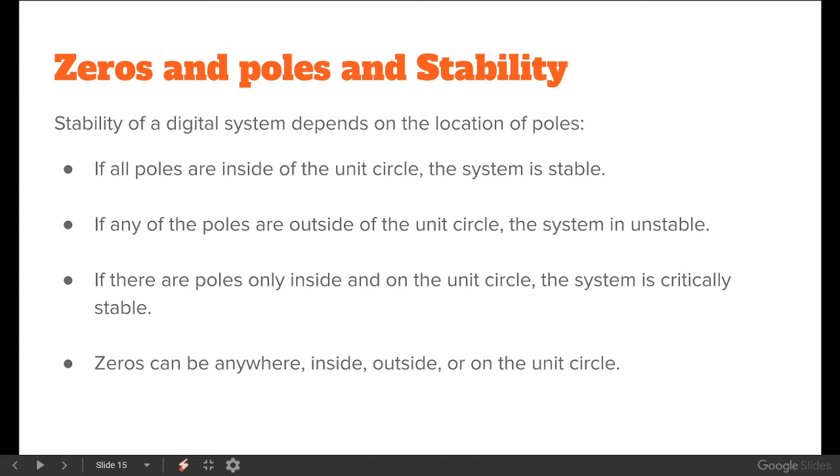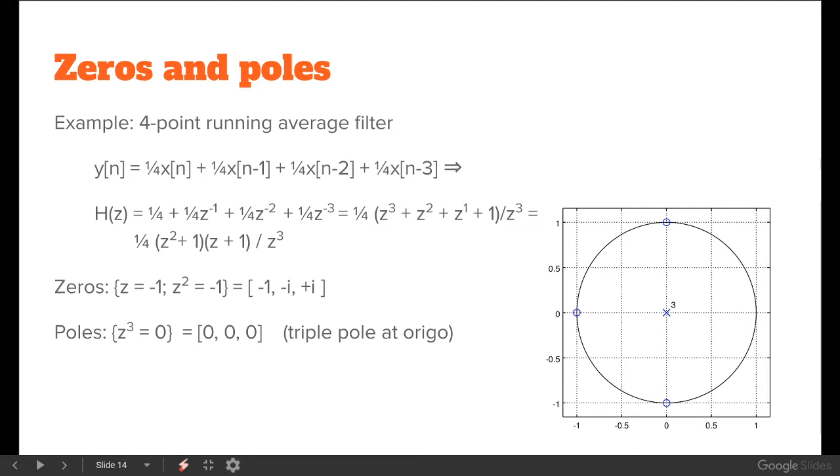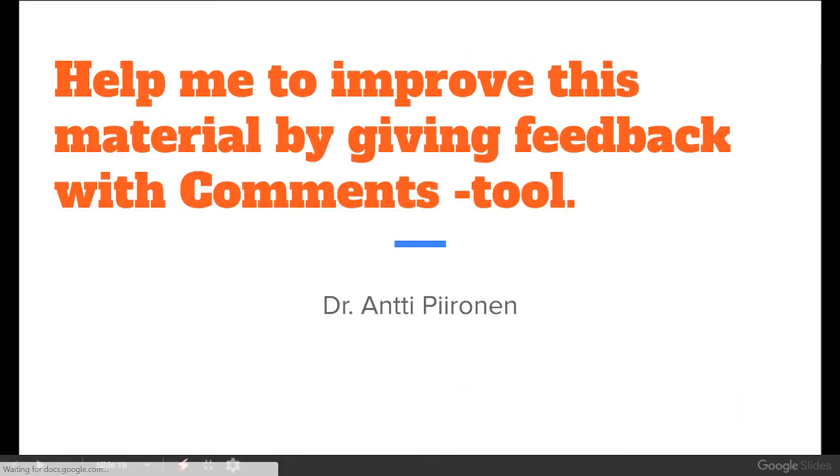But poles must be strictly inside of the unit circle in order to have a stable system. So, for example, this one is stable, of course. All the poles are at the origin. This one is also stable. All the poles are inside of the unit circle. Good.